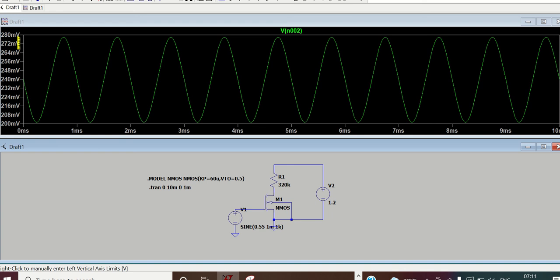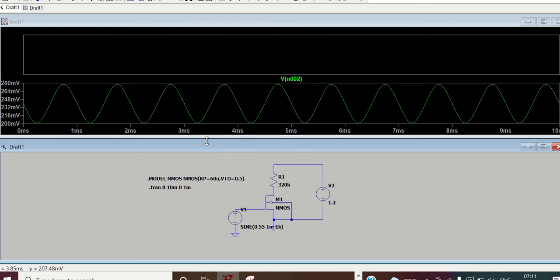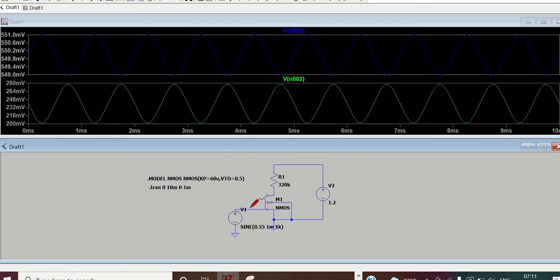Now you want to see your output. Let me see the output and input. Okay, this is your input signal. I'll show you this, 1 second.